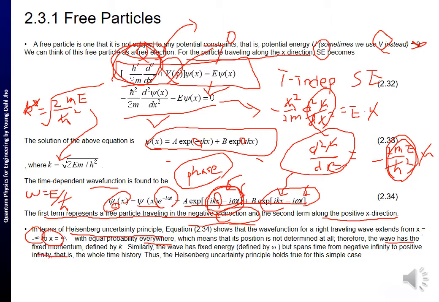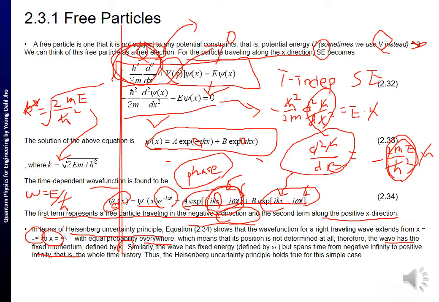Therefore, the wave has the fixed momentum defined by k. So this is very simple to follow, but has important meaning.